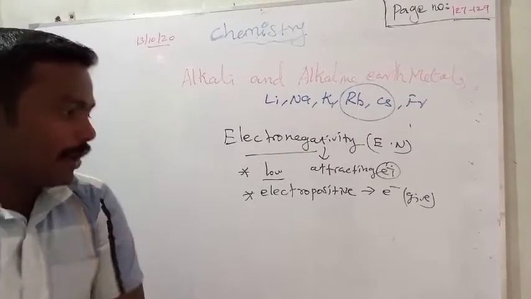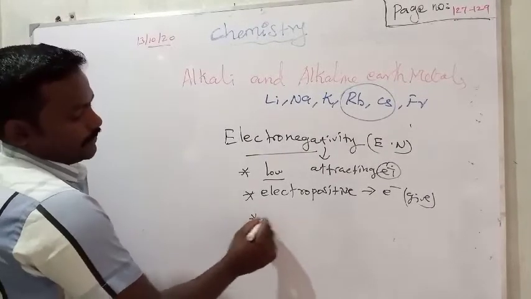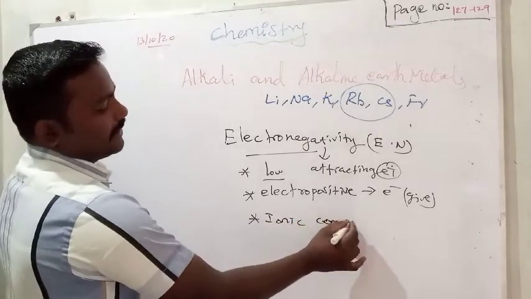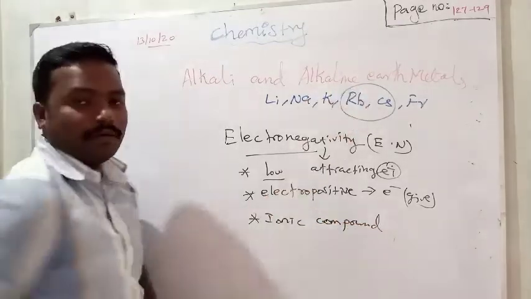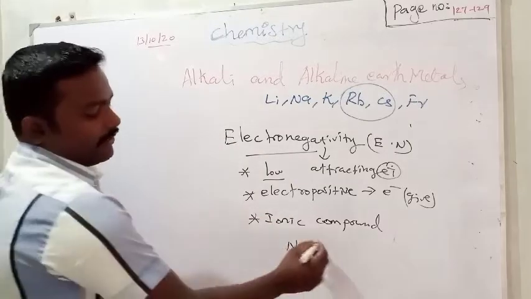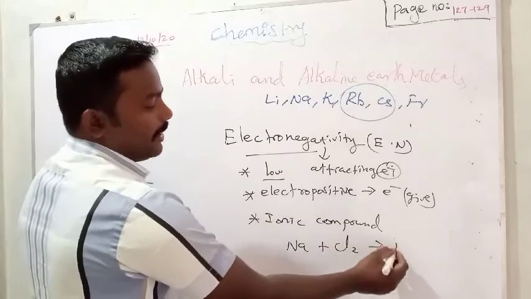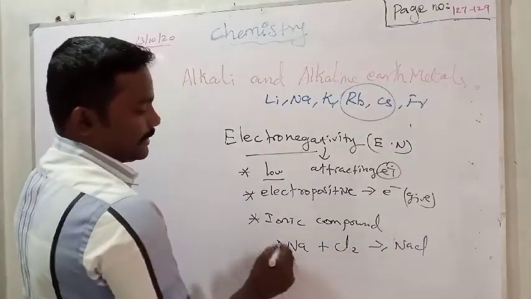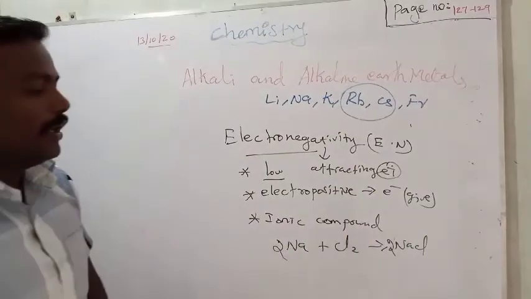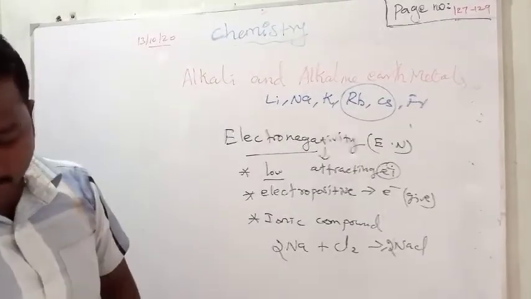They readily form ionic compounds with other elements like halogens. If you take any metal in the first group with any halogen, it will form an ionic compound. For example, Na with Cl2 gives NaCl.